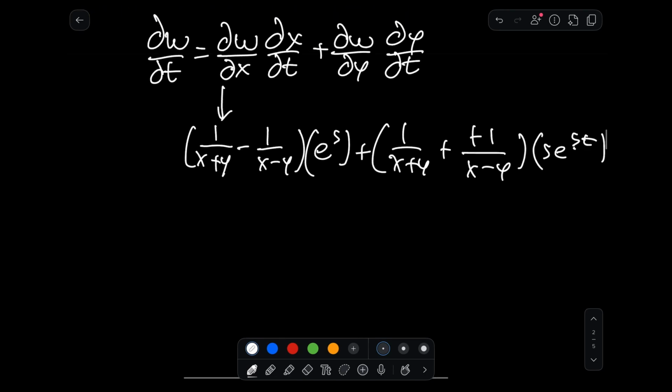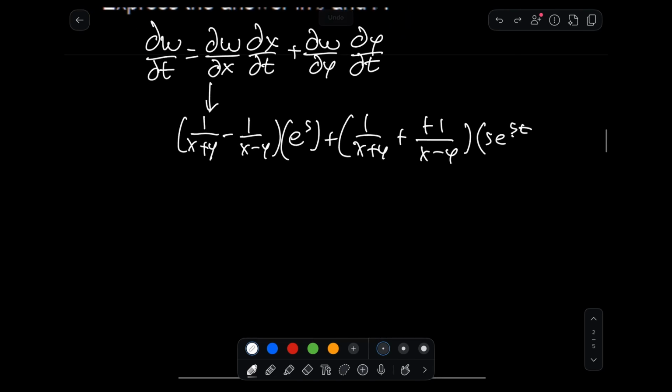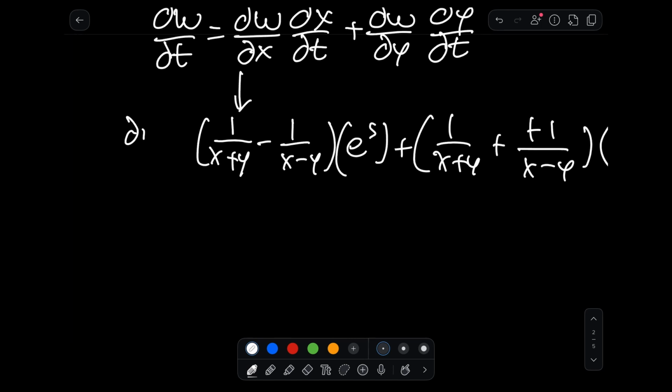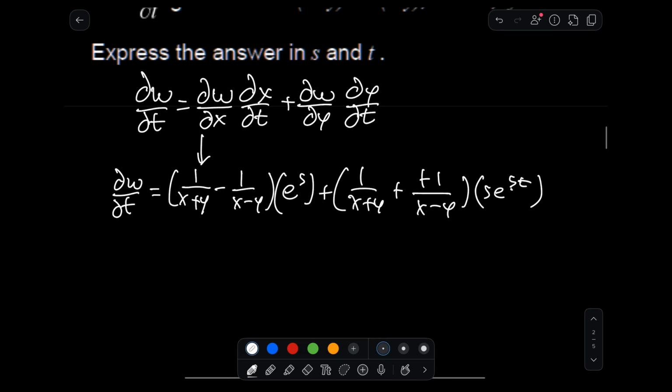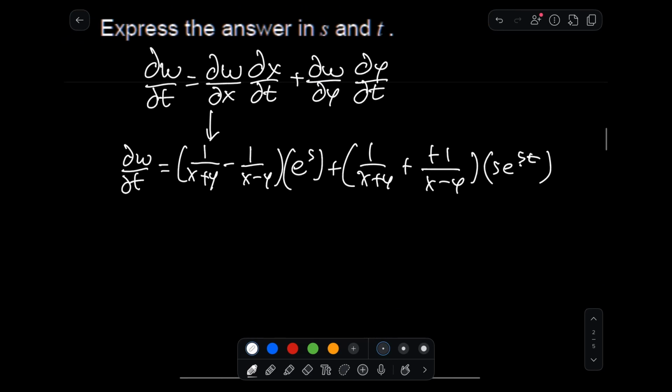And now we can plug in x and y everywhere to solve for the partial derivative. All right, let's see.